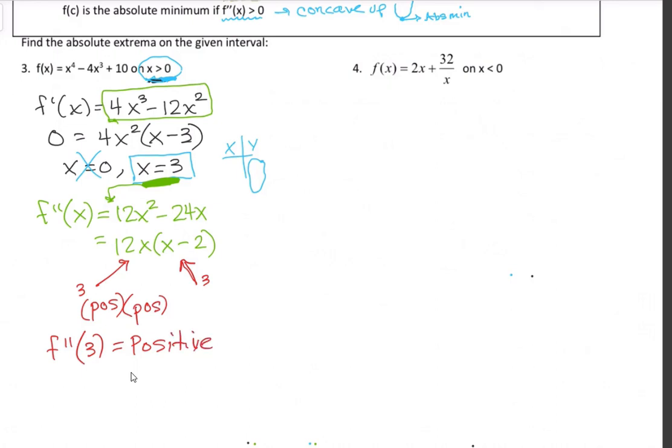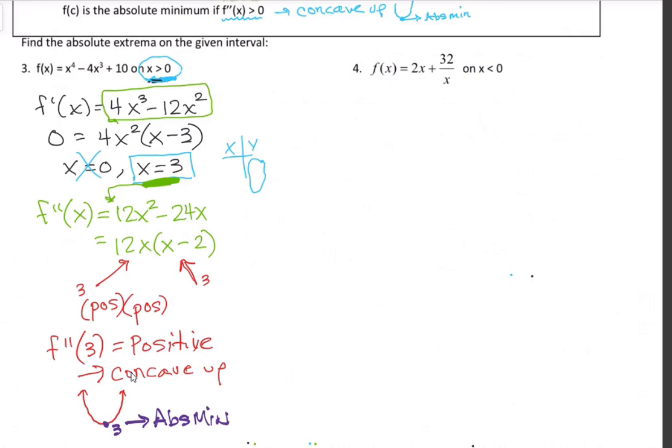I don't really care what it is, just whether it's positive or negative. Okay, so think about what that tells you. A second derivative being positive implies that my curve at that spot is concave up. So draw something concave up, and now I can see that that 3 is going to be an absolute min.